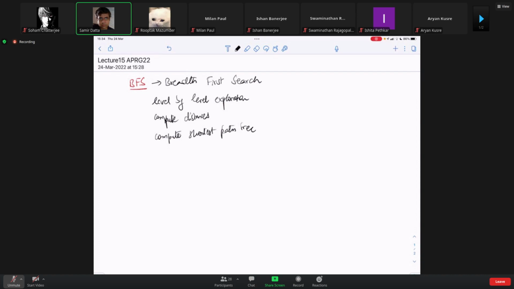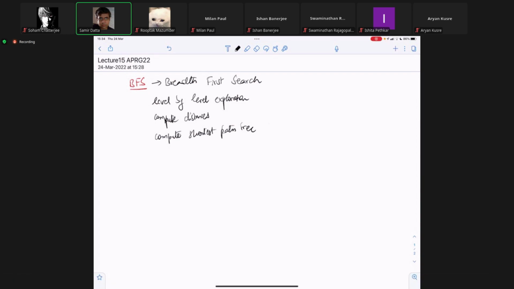Here, shortest path is in terms of the number of edges; we don't consider weights.